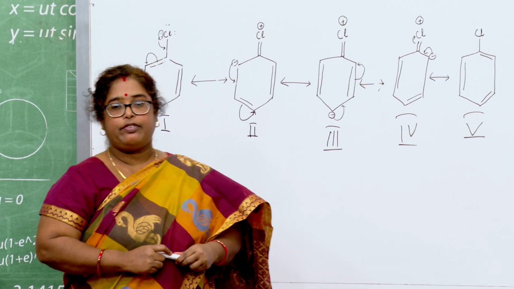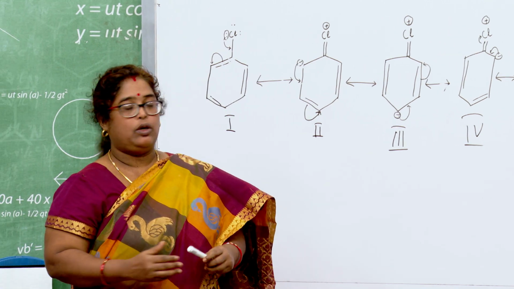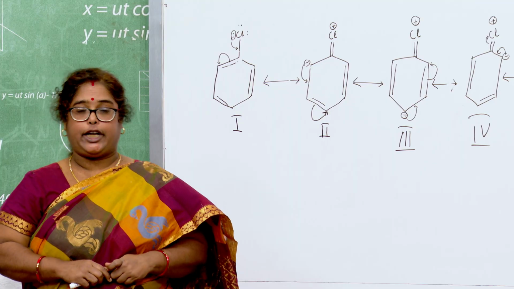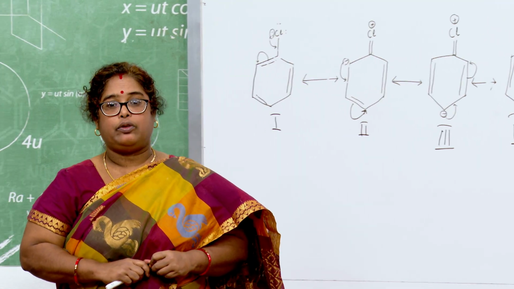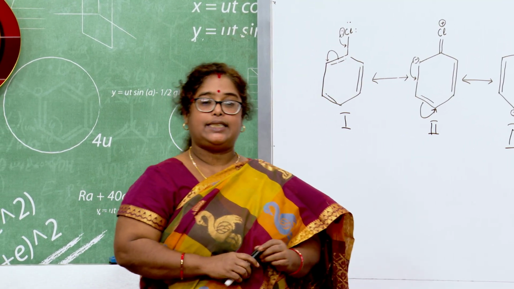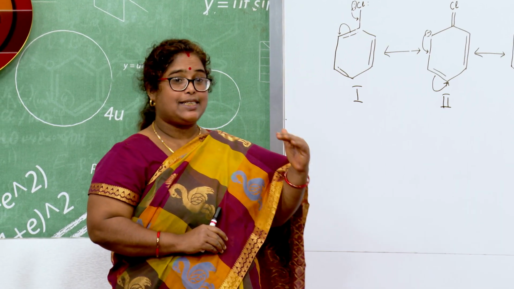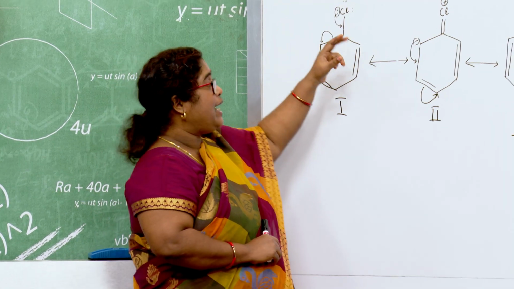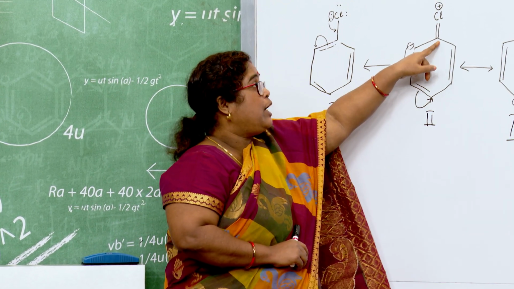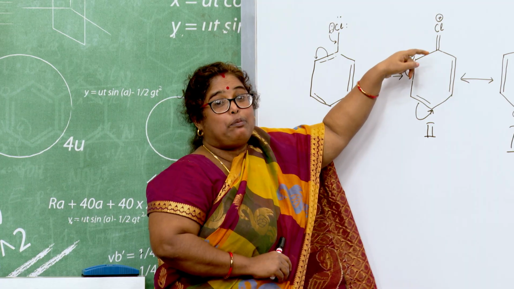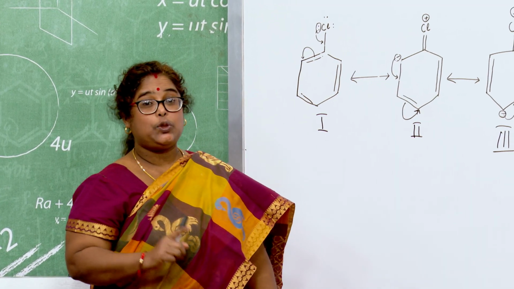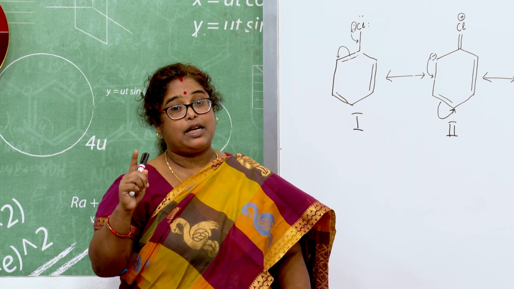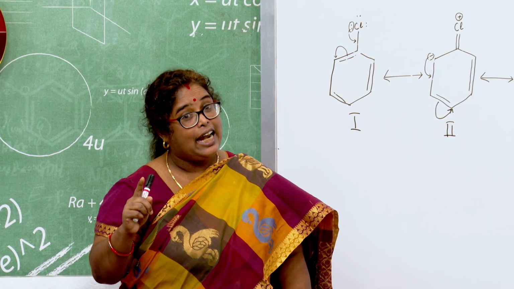So if we are able to write the resonating structures of a particular compound, then that compound is stable. What you had seen through these resonating structures is that a partial double bond character developed between carbon and chlorine, which was not the case for carbon and chlorine in the alkyl halides.